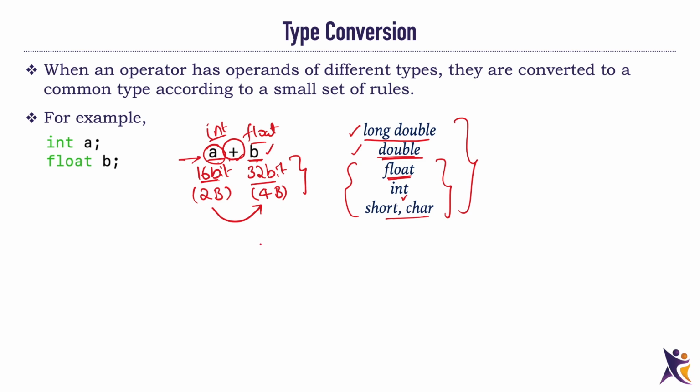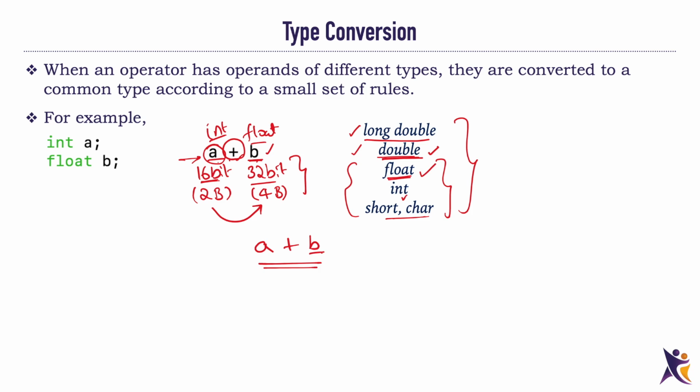So what happened here is, we have a plus b, right? The compiler checks whether this expression has long double. This expression does not have any long double, then it goes on to check whether this expression has any double typed data. Here double also is not there, so the compiler goes on to check floating point number.